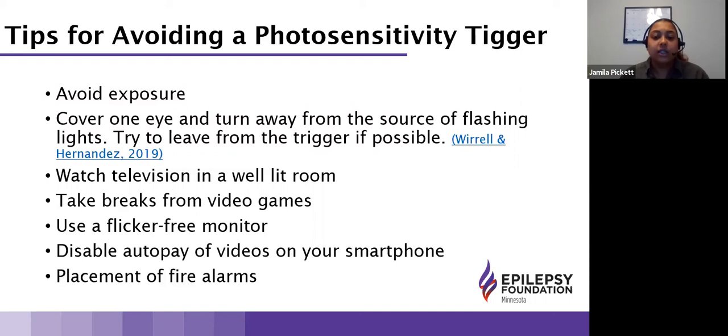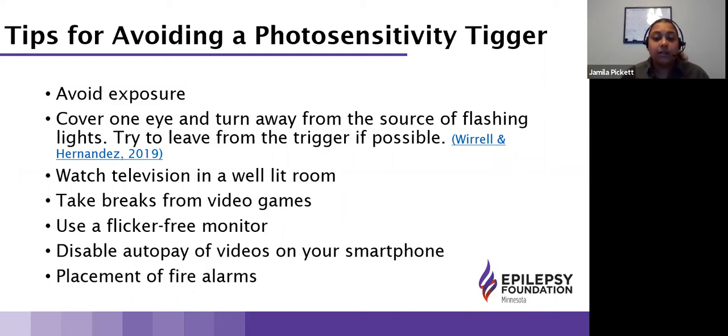Watch television in a well-lit room. I talk to movie theater owners quite a bit, and one movie theater told me that every week they had a seizure, and I wasn't surprised. That's because when you go to the movies, you go into a dark room with an isolated light source. Regardless of what you're watching, that can mimic flashing in a dark room. So watch television in a well-lit room, and that can be very helpful.